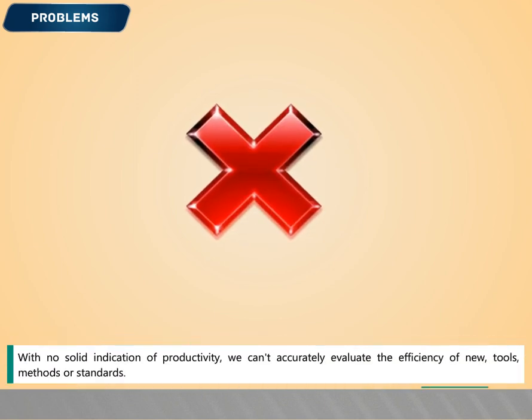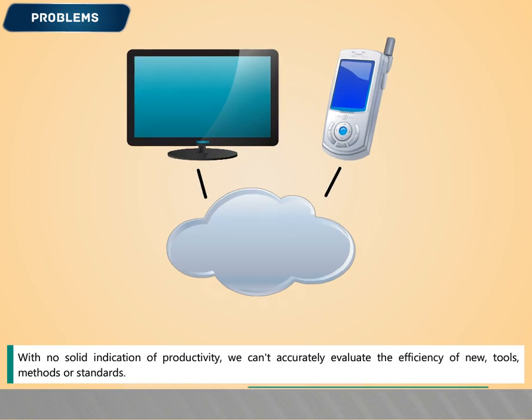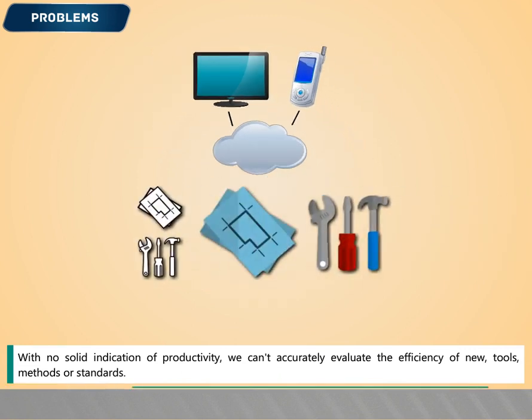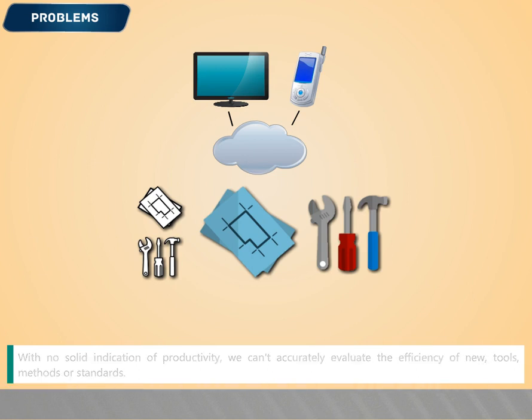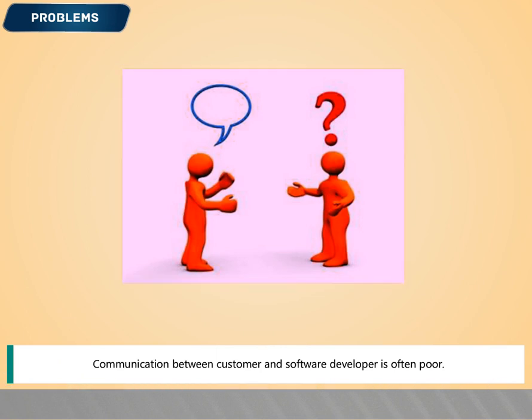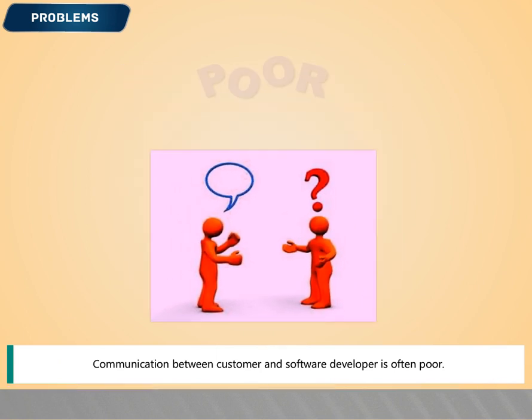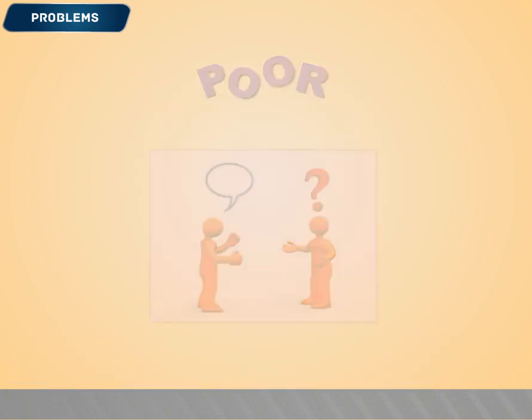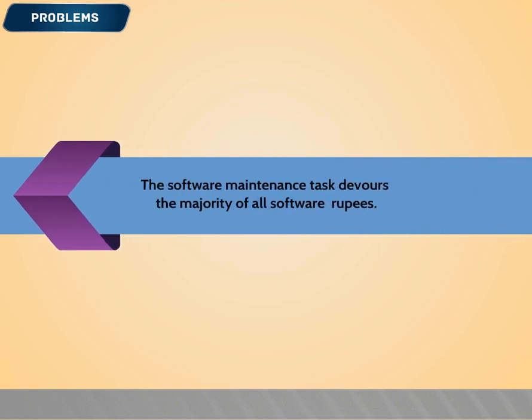With no solid indication of productivity, we can't accurately evaluate the efficiency of new tools, methods, or standards. Communication between customer and software developer is often poor. The software maintenance task devours the majority of all software rupees.